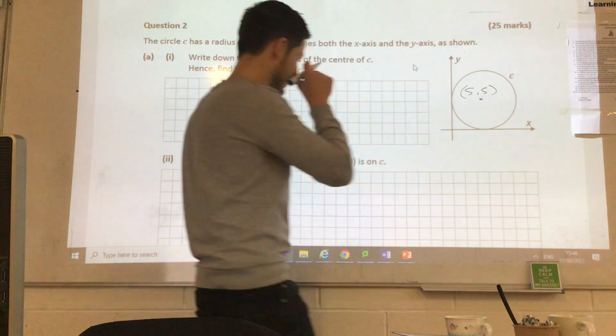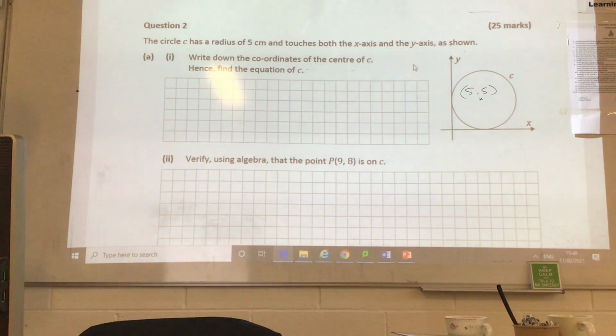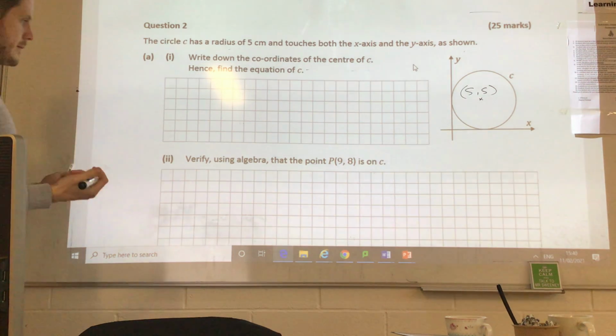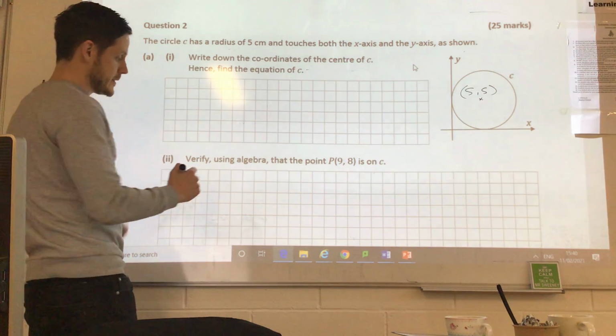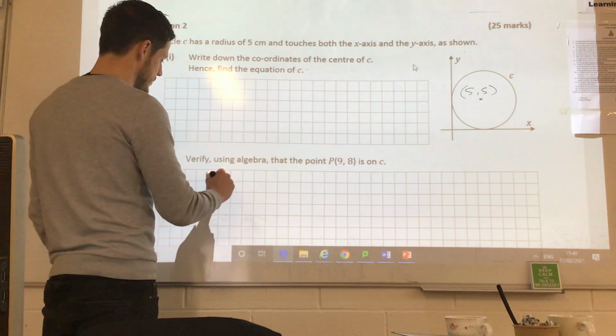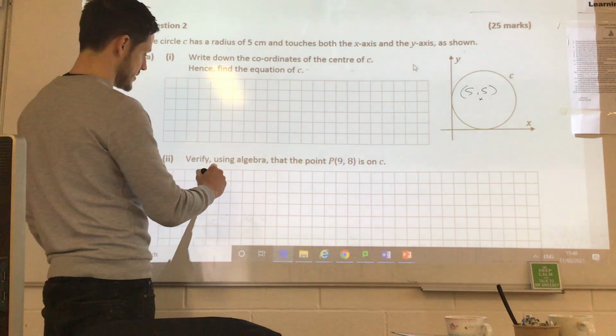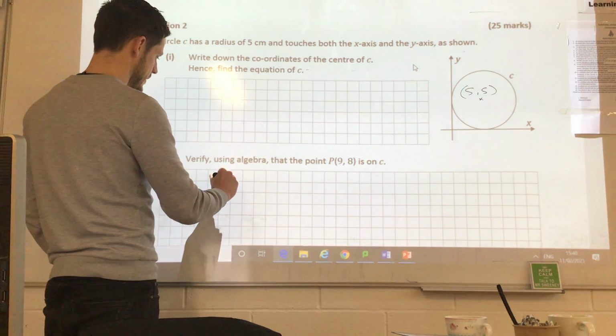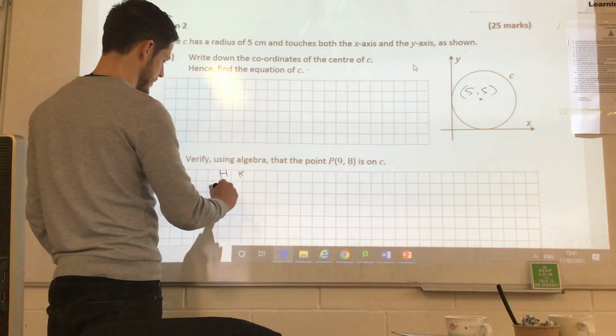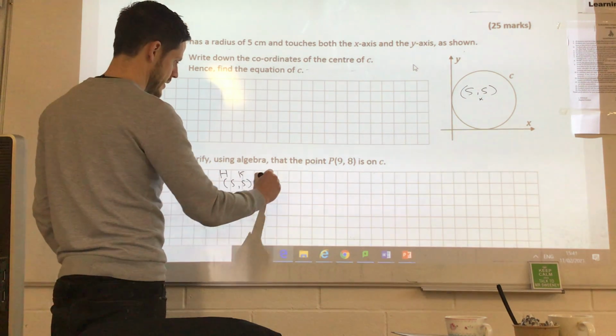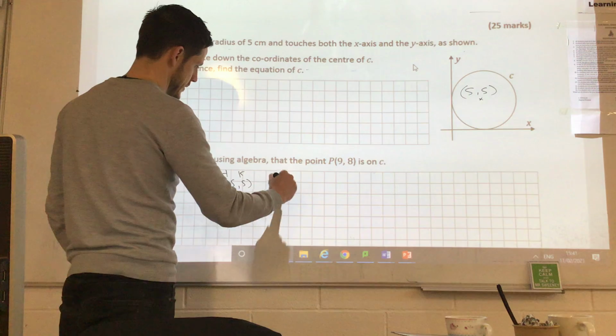5 across, 5 up. Verify using algebra that the point (9, 8) is on C. Well, it's actually quite easy to do that. But first of all, I need to write out my equation of a circle. So h and k is my center. So that's 5 and 5. And my radius is 5 centimeters here.